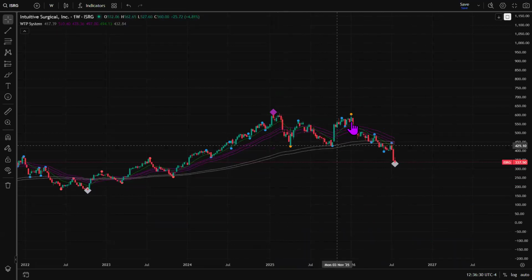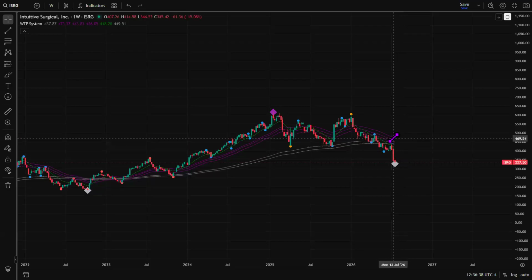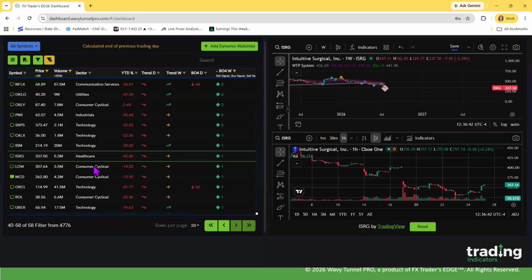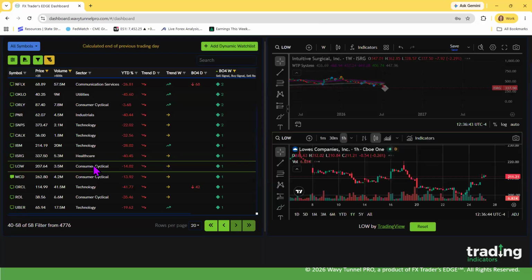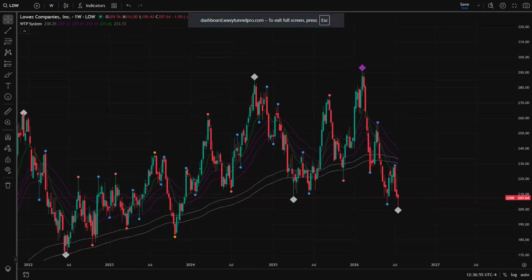I mean, this was a nice pattern into these lows, but very volatile and an expensive stock. I'm just going to leave that. Okay, low. I think we made a new low here. Yeah, it looks like we did. All right, we're up $4 on this one, but let's have a look.